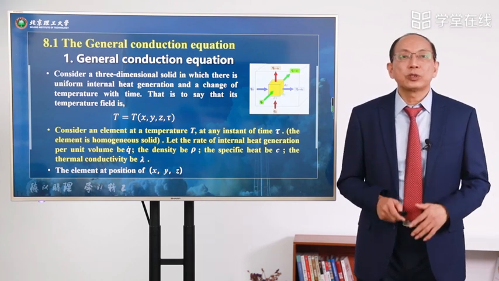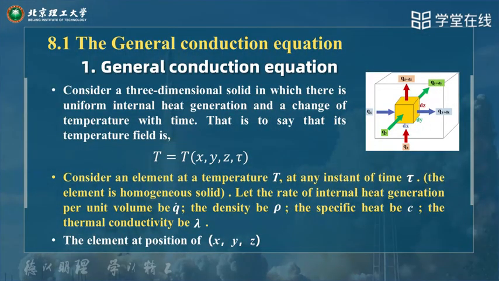General Conduction Equation. Consider a three-dimensional solid in which there is uniform internal heat generation and a change of temperature with time. That's to say, the temperature field is T equals T function x, y, z, tau.